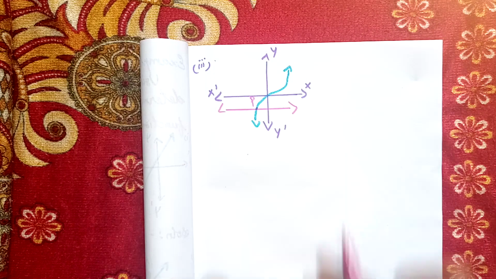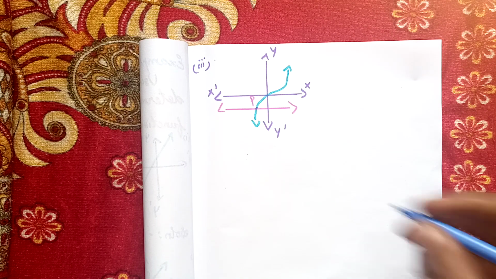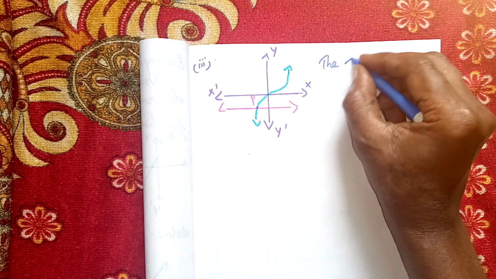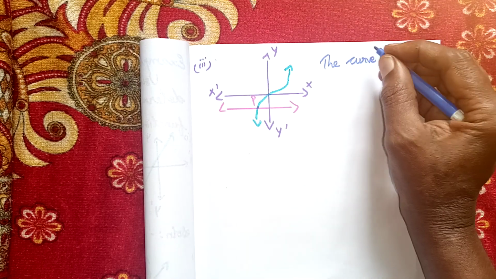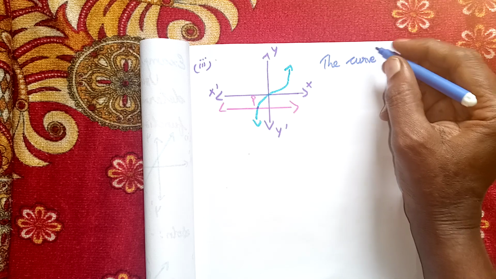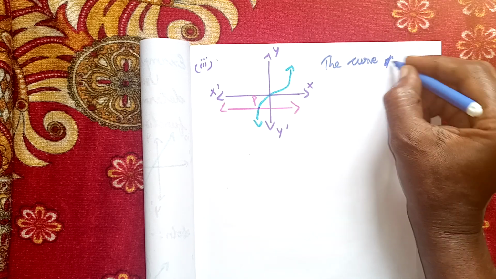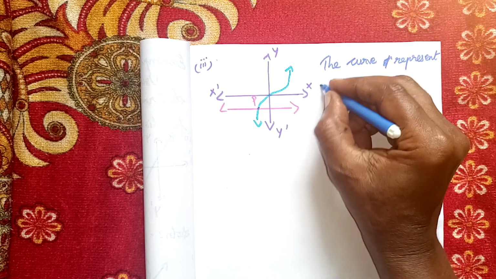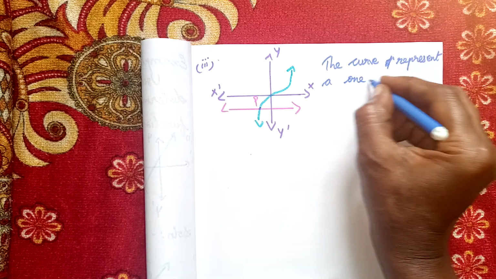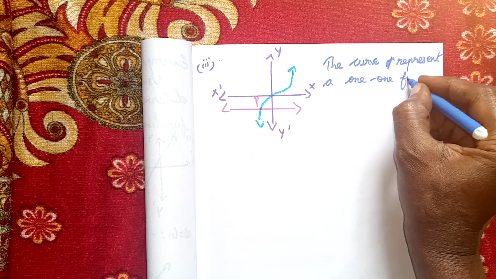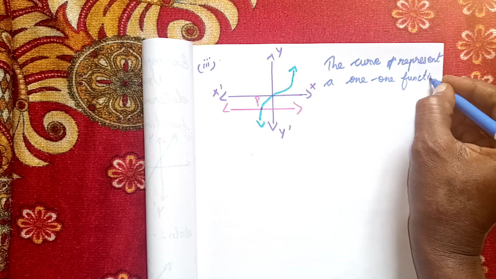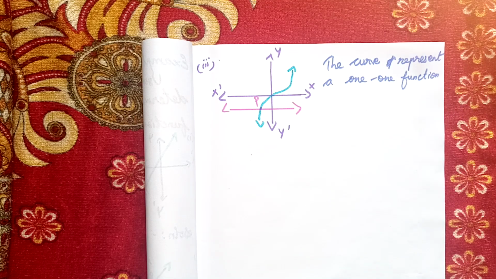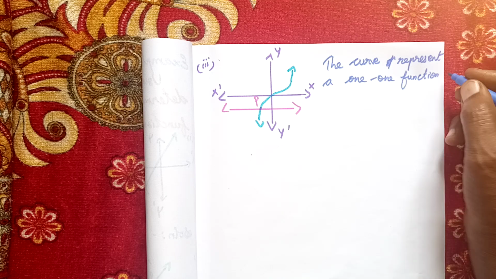It intersects only at one point P. The curve represents a one-one function. Why is it a one-one function? As the horizontal line meets the curve in only one point.